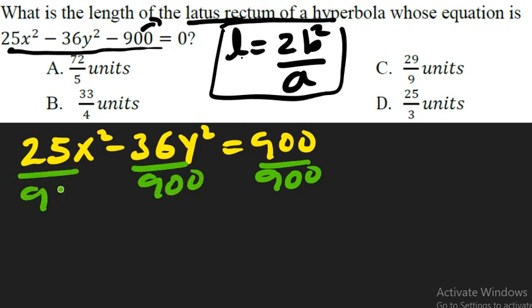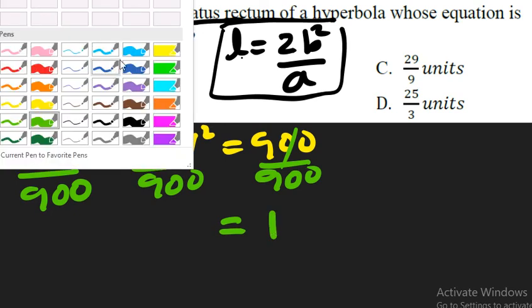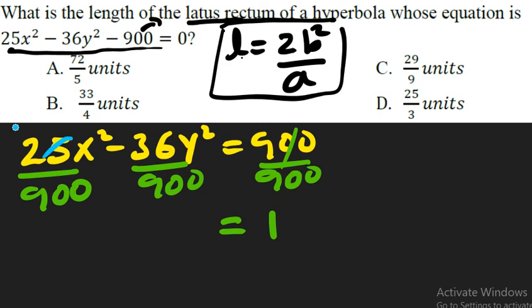When you divide by 900, what will happen? This will cut out and 1 remains to the right side. What about the left side? You can simplify by 5. This by 5, it will be 180. Again by 5, when you simplify, it will be 1. This by 5 is 36.